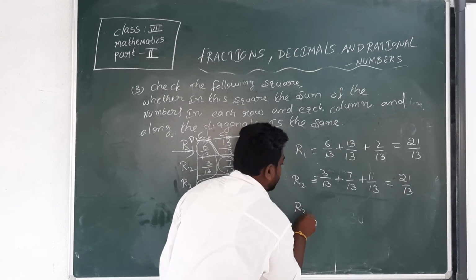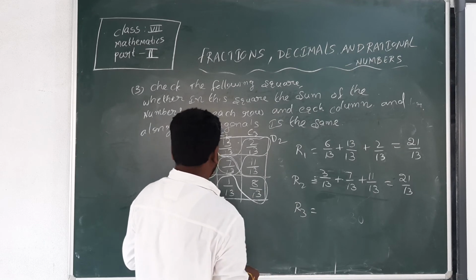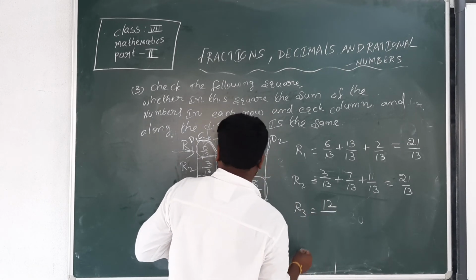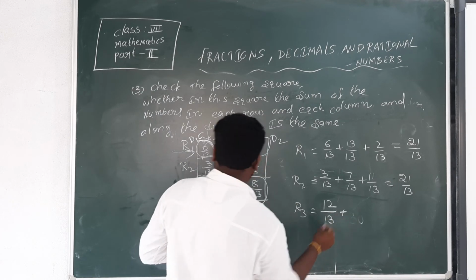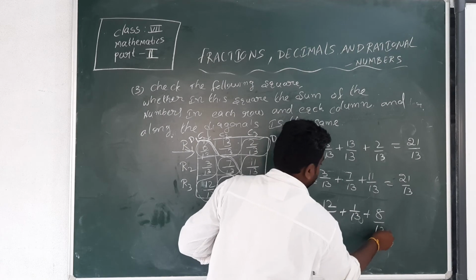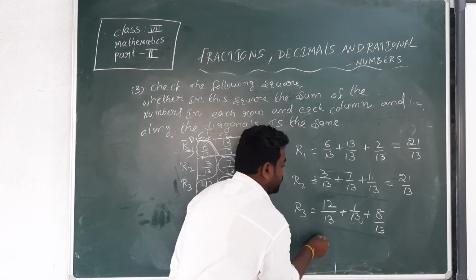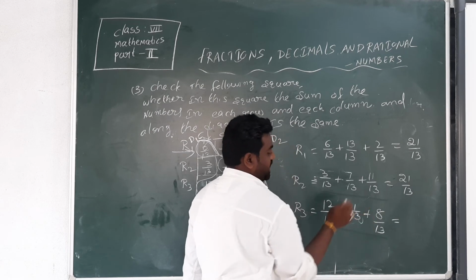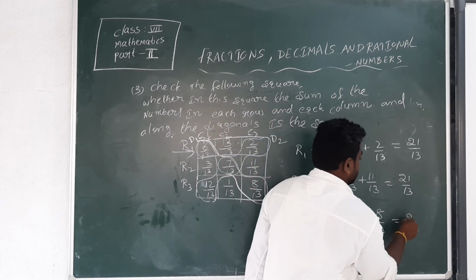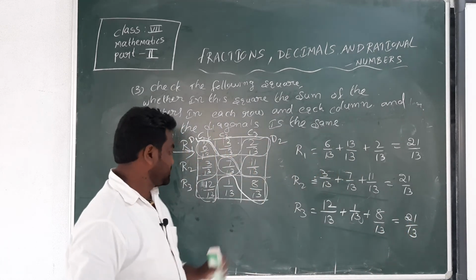Next R3, the third row: 12 by 13 plus 1 by 13 plus 8 by 13. 12 plus 1 is 13, 13 plus 8 is 21, 21 by 13. R1, R2, R3 are the same.